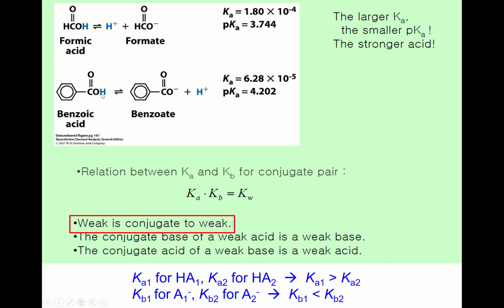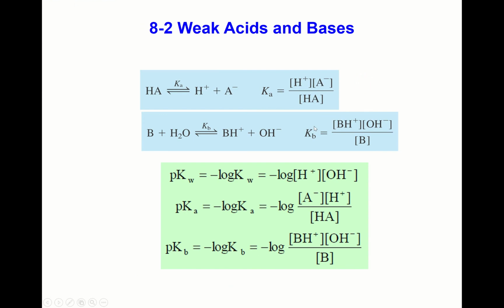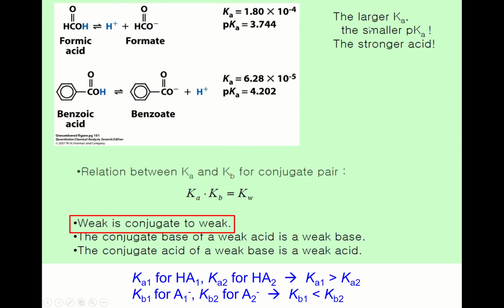This proton dissociates, and the Ka value is like that. So the larger the Ka, the larger the dissociation constant, the smaller the pKa value becomes, because from the definition of the p function we put a negative sign. So the larger the Ka, the smaller the pKa.